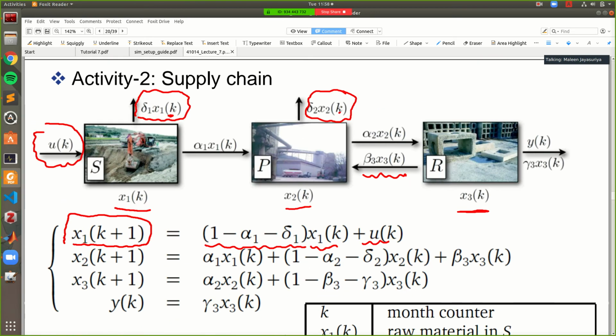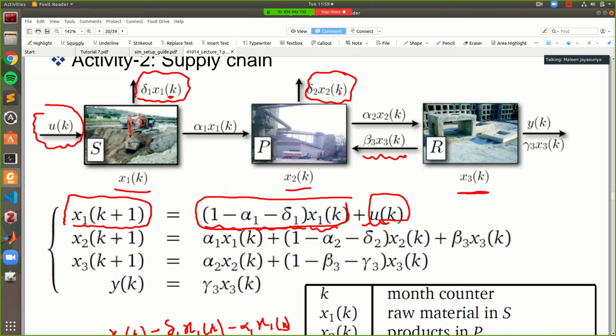So we know that the next stage of x1k is going to be equal to whatever was remaining of the total amount of x1k in the previous step, minus whatever was sent out and whatever was the byproduct sent out of the system, right? So what x1k plus 1 is going to be is basically this bit, which is whatever of x1k is remaining plus the new input that you're supplying to the system, right?